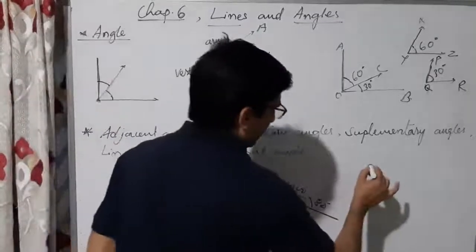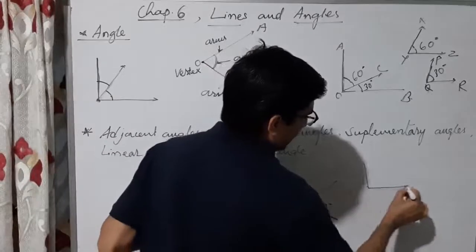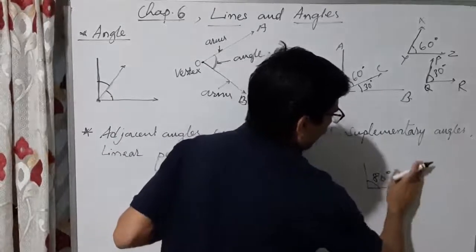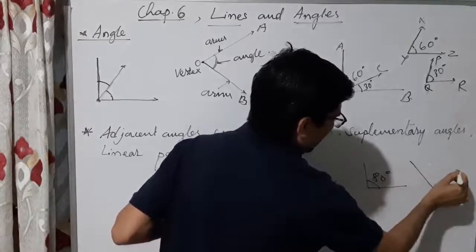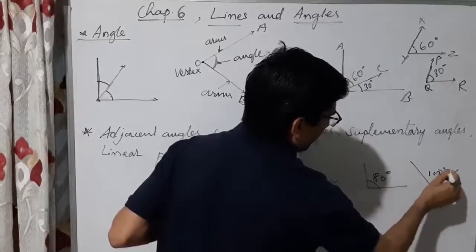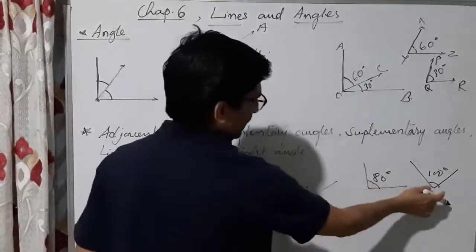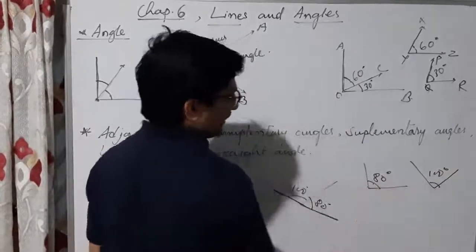Or suppose one angle you have is 80 degree, and another angle is 100 degree. They are not adjacent, but still they are supplementary angles.